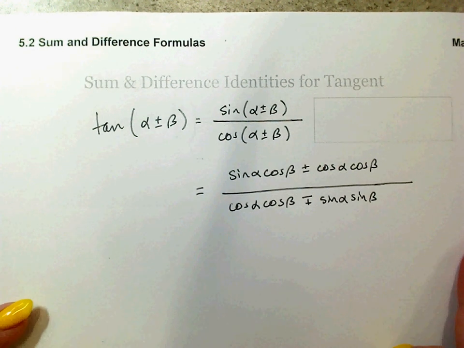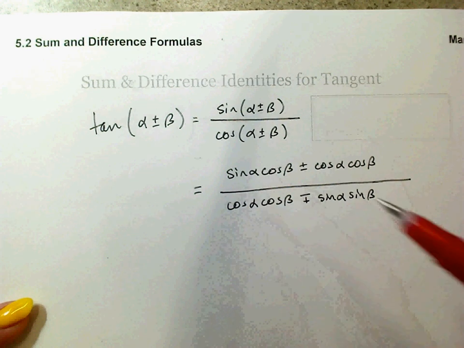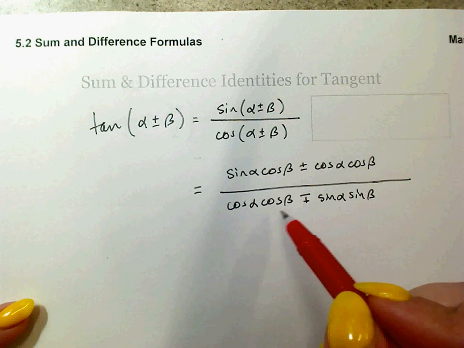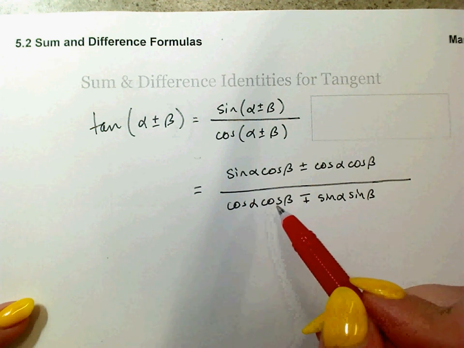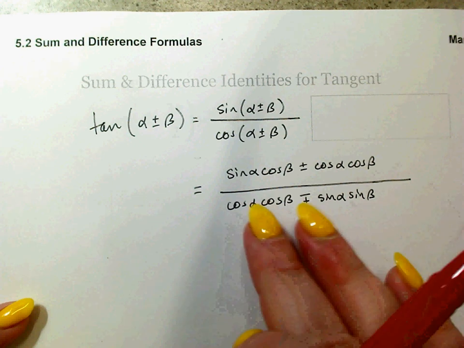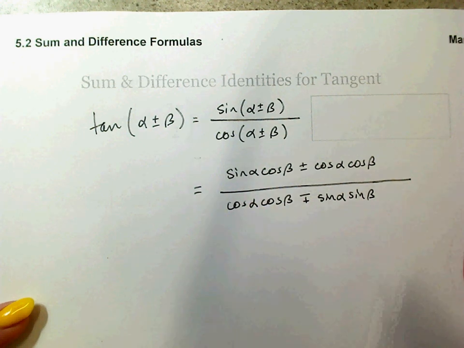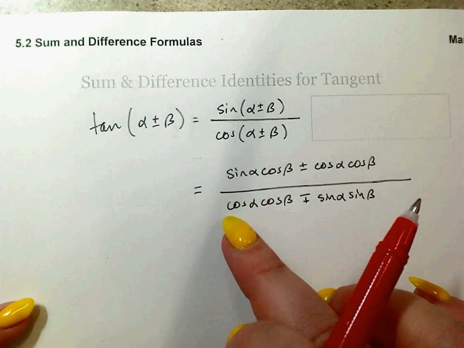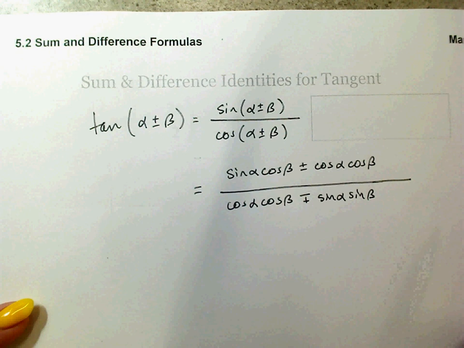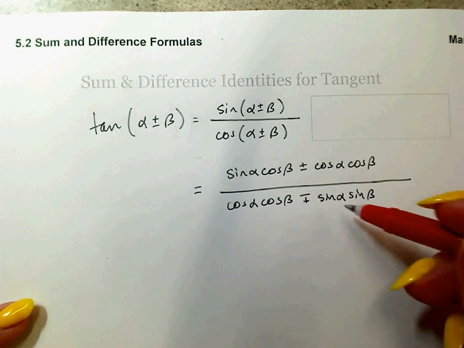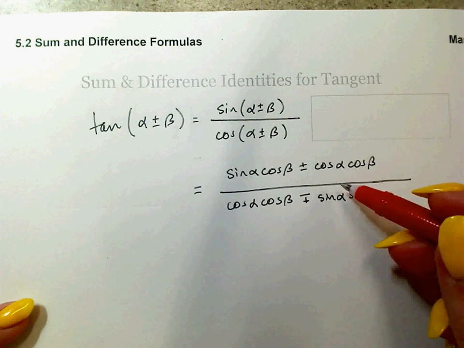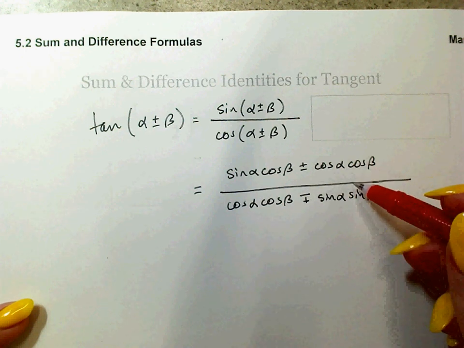So I think I'm going to multiply top and bottom by 1 over cosine alpha, cosine beta, because cosine alpha cosine beta over cosine alpha cosine beta is 1.